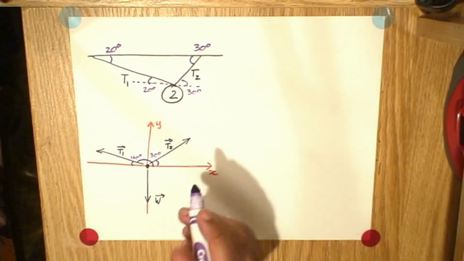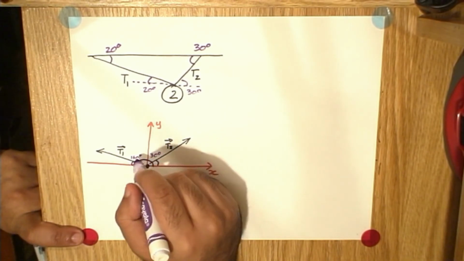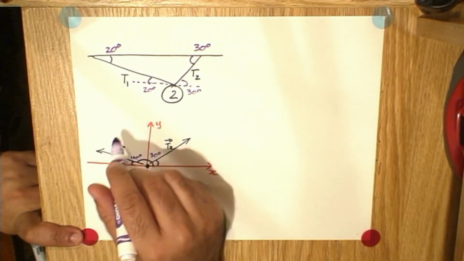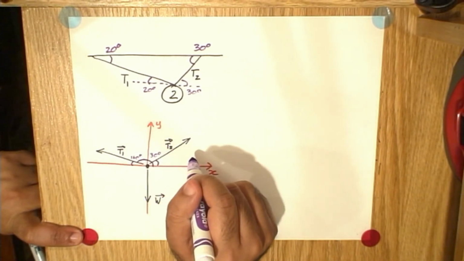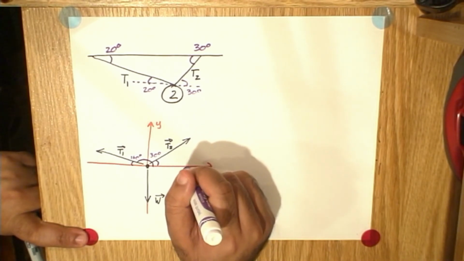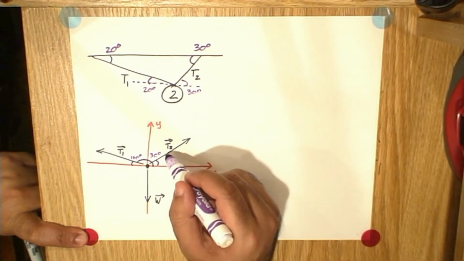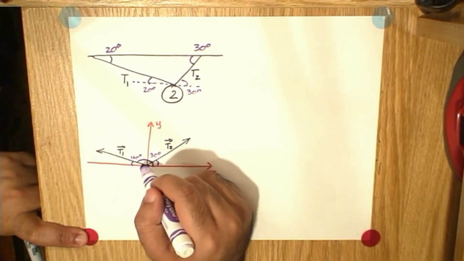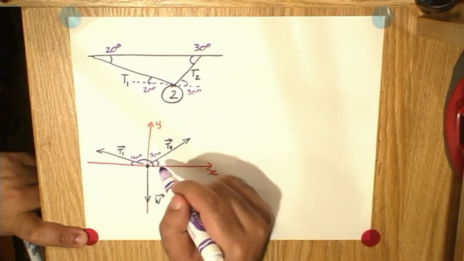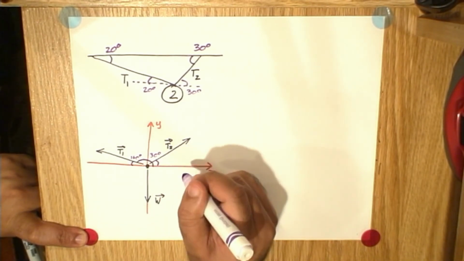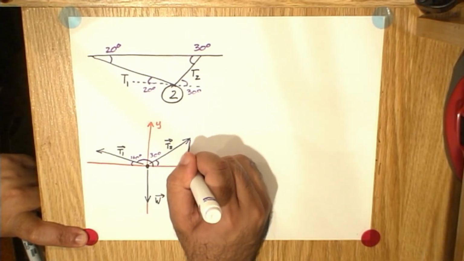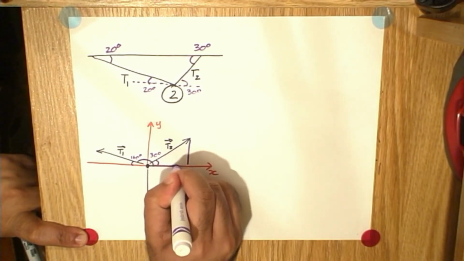Now, we are ready to break these forces, these two tensions, down into their Cartesian or rectangular equivalents. We now have T1, which has an angle of 160 degrees, and T2, which has an angle of 30 degrees. So let's start by breaking T2 down.